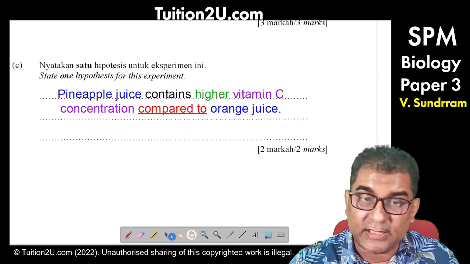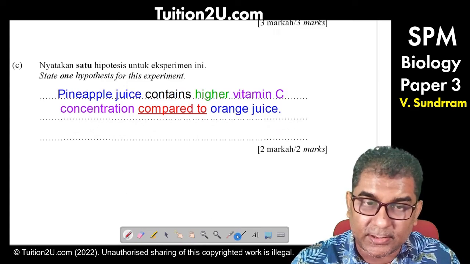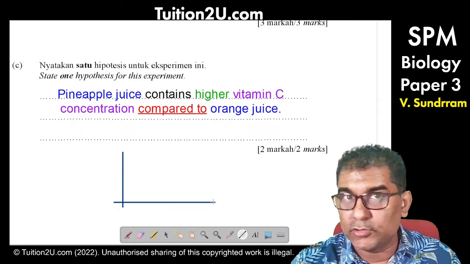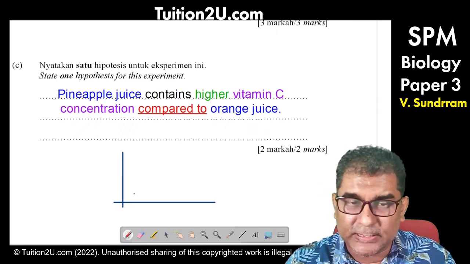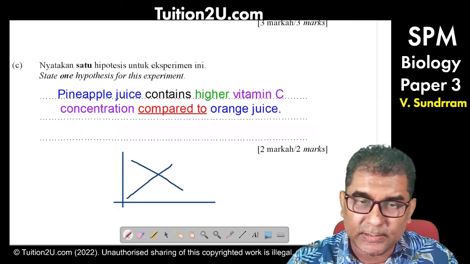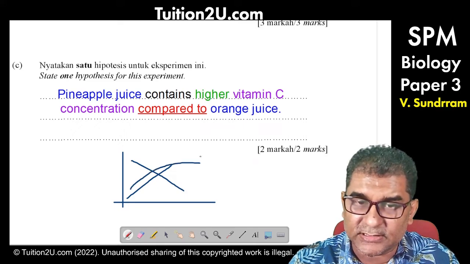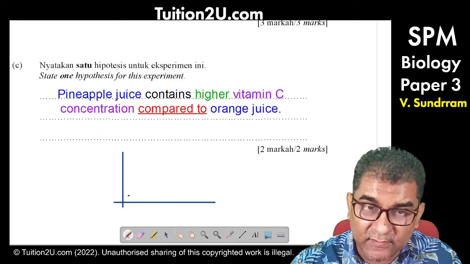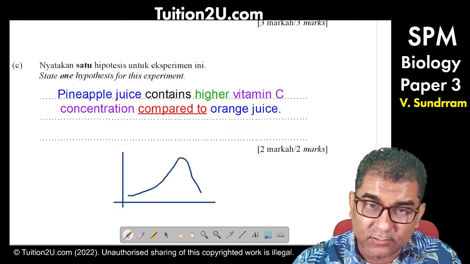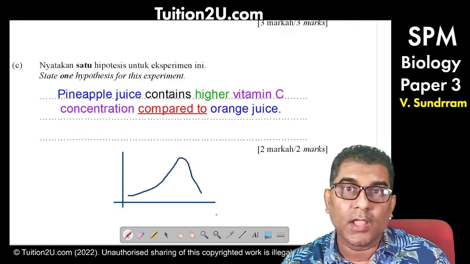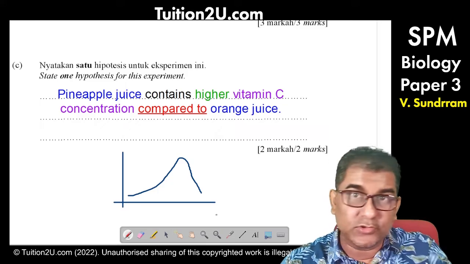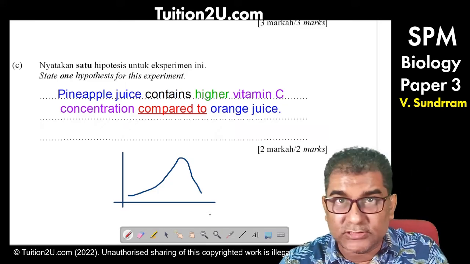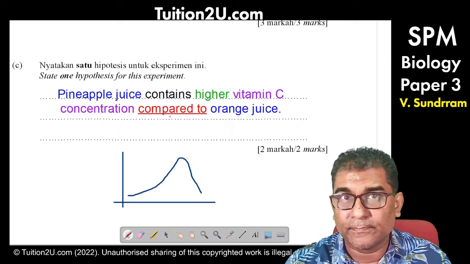Even for an experiment, for example, where the enzyme is affected by temperature, the graph actually goes up and then comes down. So it's hard for us to use the words higher, higher, higher, lower. When we can't use that, we use compare.